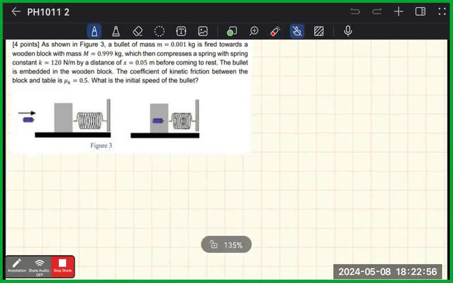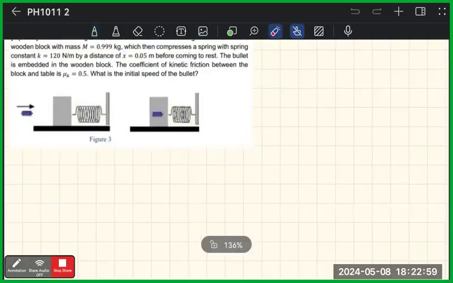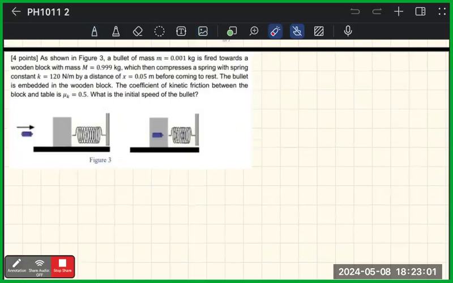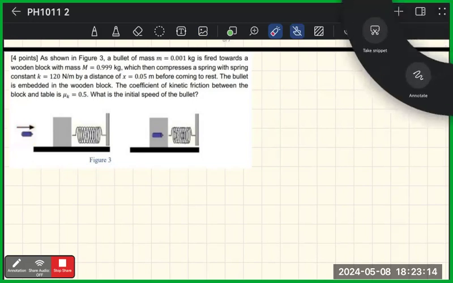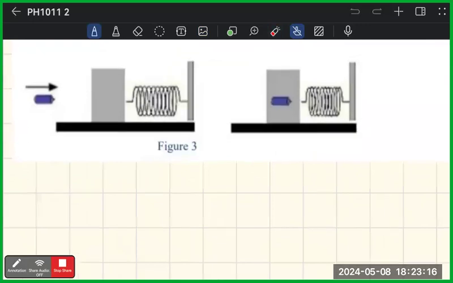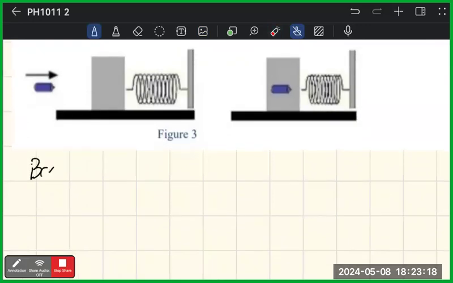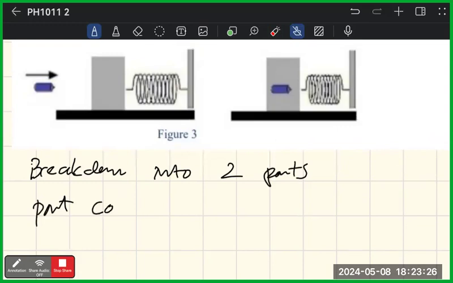For this kind of question, we can't apply conservation of energy from the start, because this problem has to be broken down into two parts. Part one is the collision.